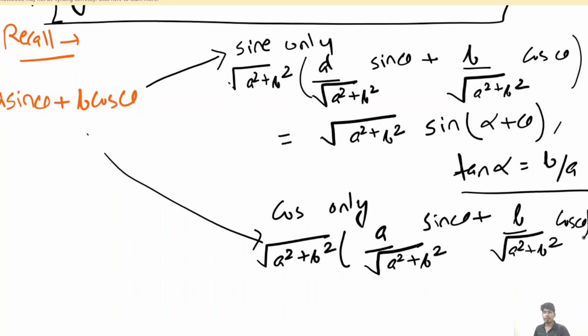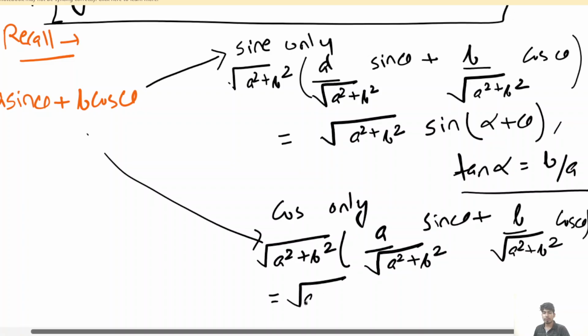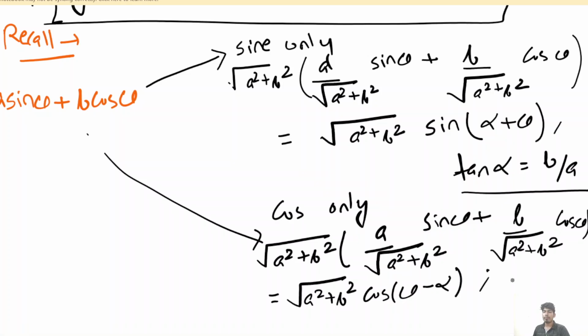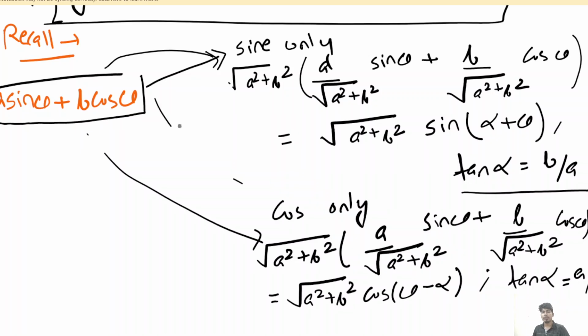This becomes under the root of a square plus b square into cos of theta minus alpha, where tangent alpha is a upon b. So this a sin theta plus b cos theta we use in sine and cos form; this form is cosine only and this is sine only.